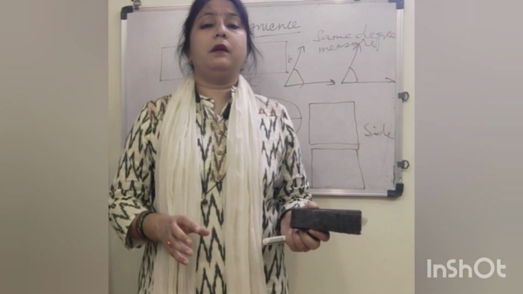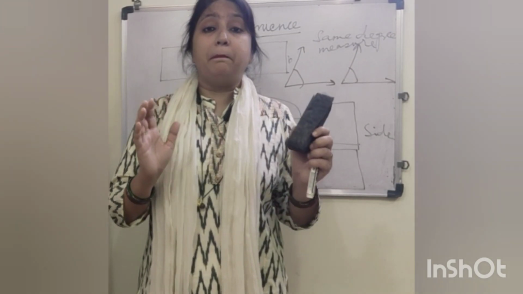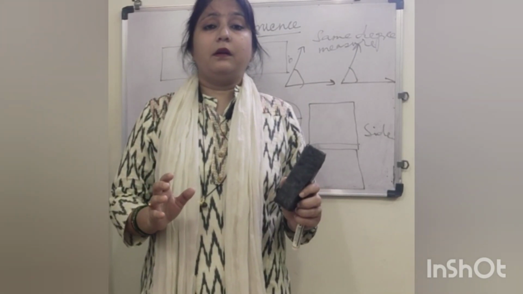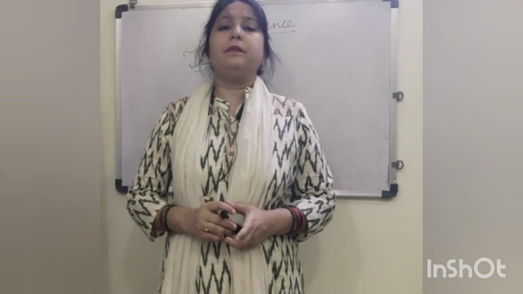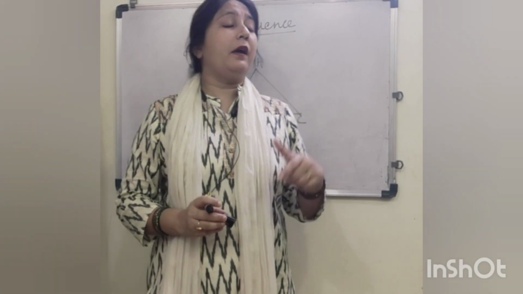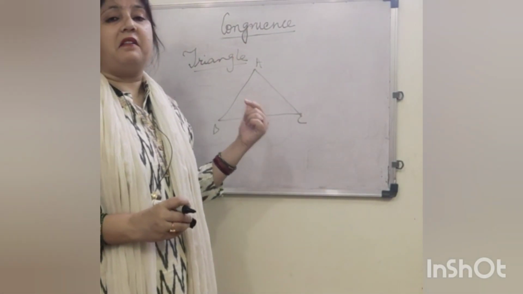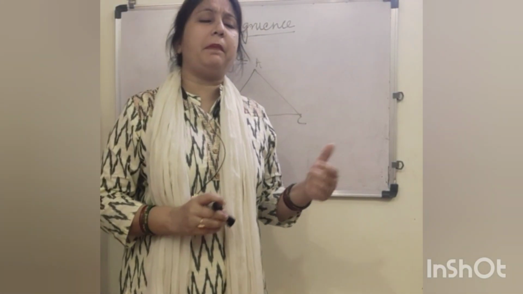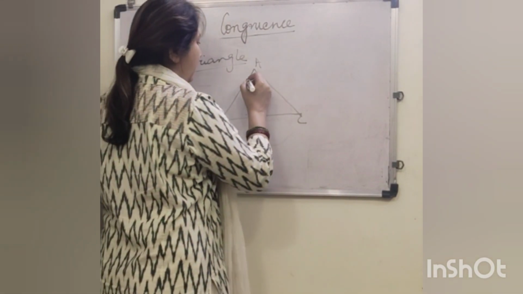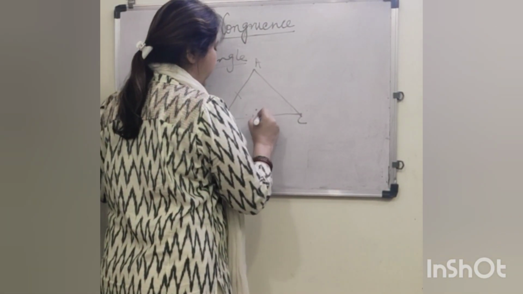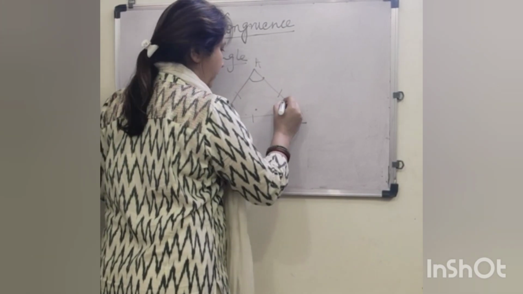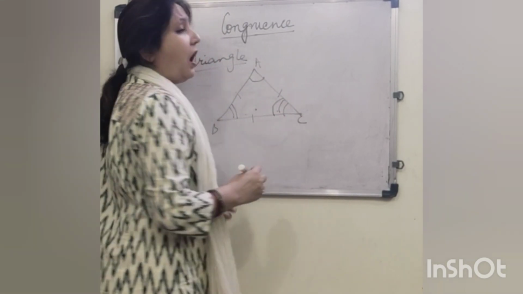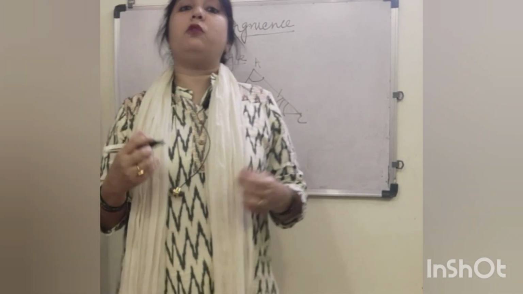But there is a big but. This big but is a triangle. A triangle has 6 main parts: 3 sides and 3 angles. How to prove two triangles to be congruent?